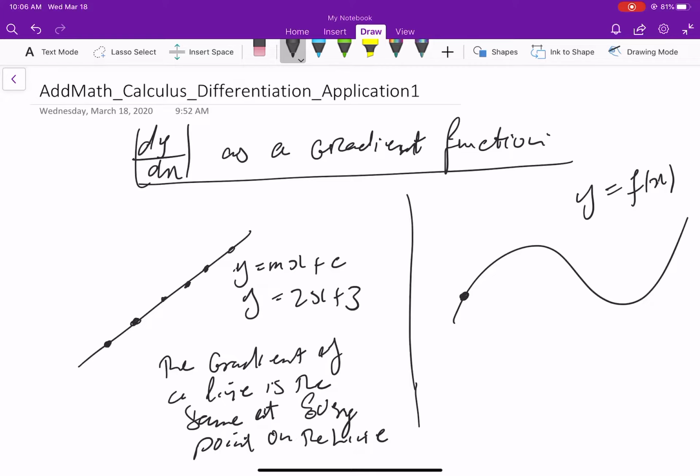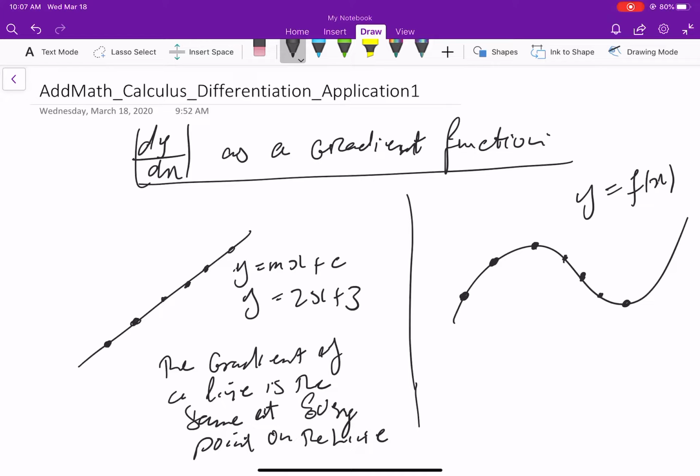What's the gradient of the curve there? Again, you might not know, but at least what you will be able to tell me is that the gradient is different at those 2 points. How about on top there? It's different there as well, and there, and everywhere else. The moral of this story is that the gradient of a curve changes at every point along the curve.